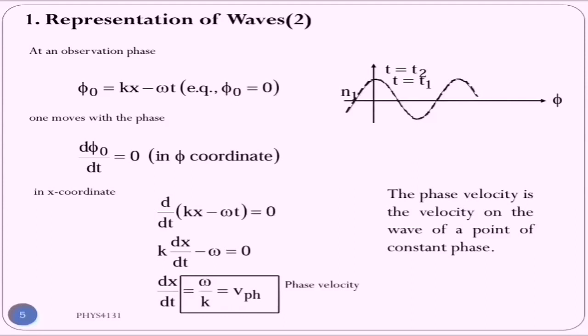If one moves with the phase, d phi naught over dt is equal to 0, so in x coordinate d by dt of (kx minus omega t) is equal to 0. Taking the time derivative, we get phase velocity equal to omega over k. The phase velocity is the velocity on the wave of a point of constant phase.